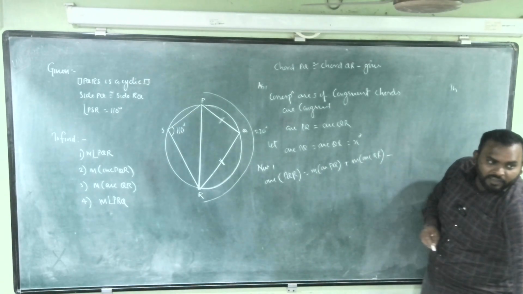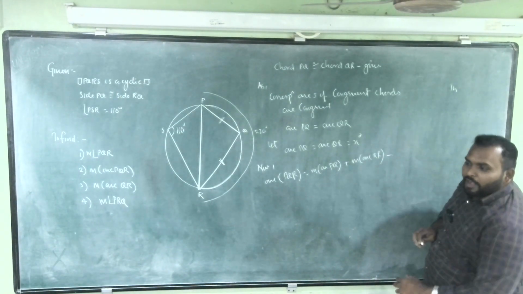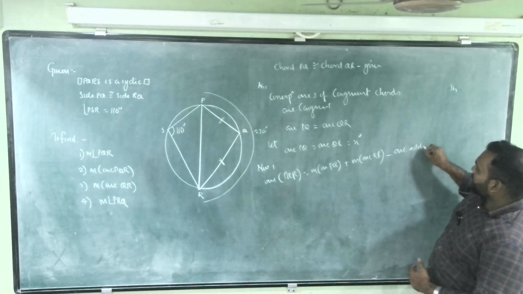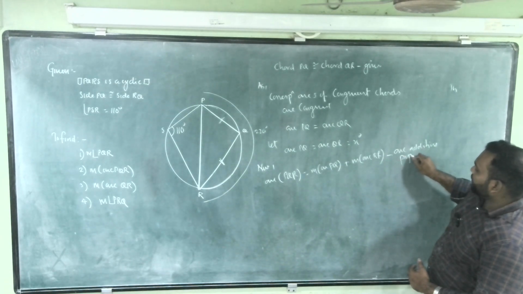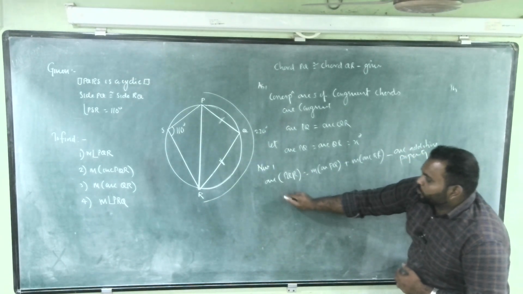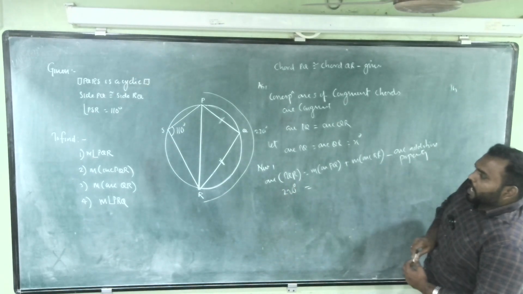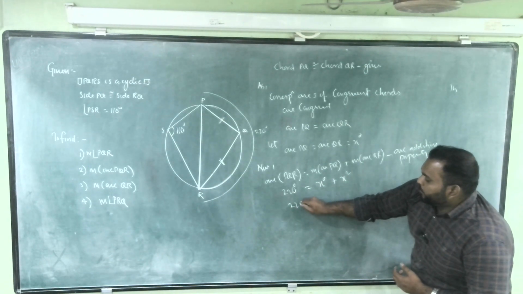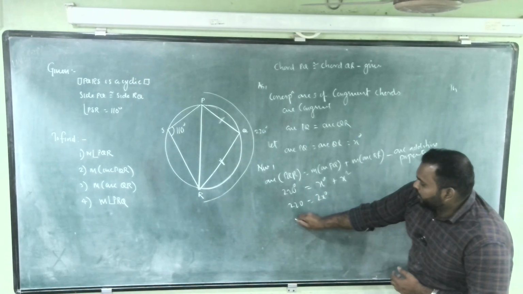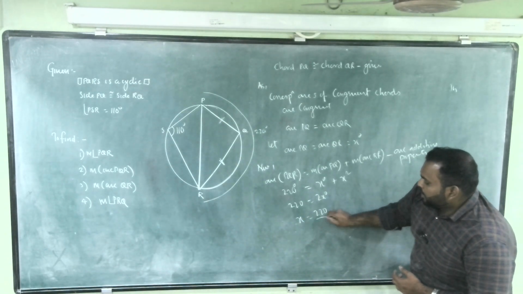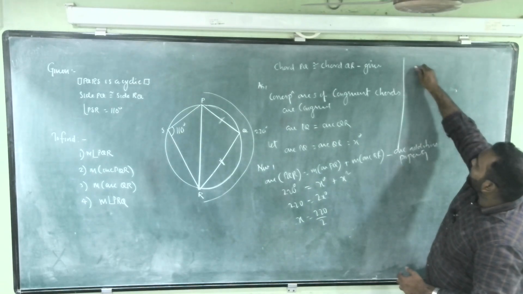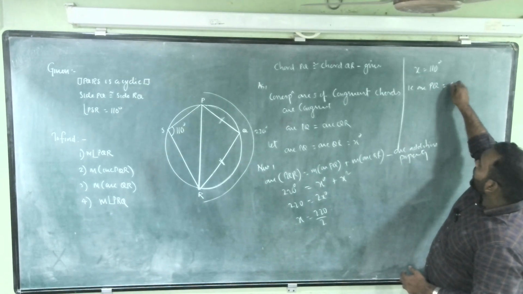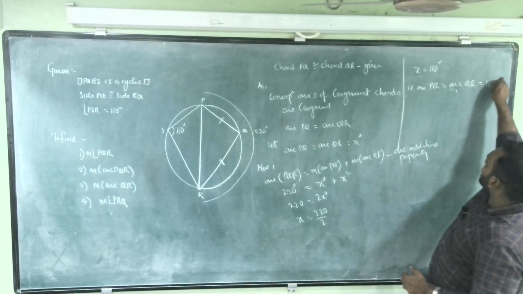What is the reason that I'll give? Arc addition property. Now, measure of arc PQR is 220 degrees. Measure of arc PQ is x degrees, and QR is x degrees. So 220 will be equal to 2x. Now, x will be equal to 220 by 2, which is 110 degrees. So arc PQ and arc QR are each equal to 110 degrees.